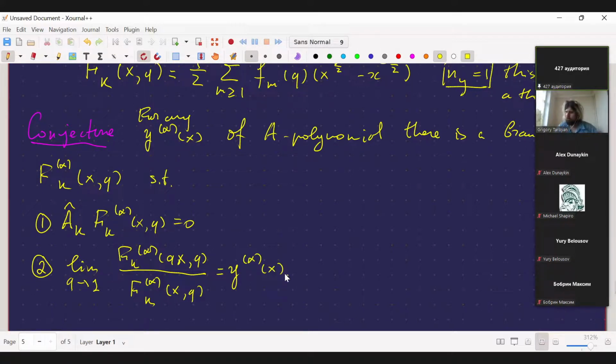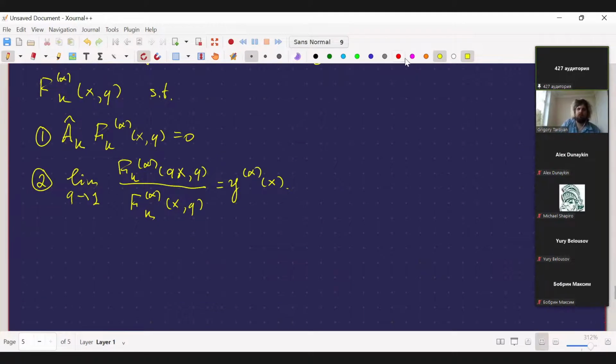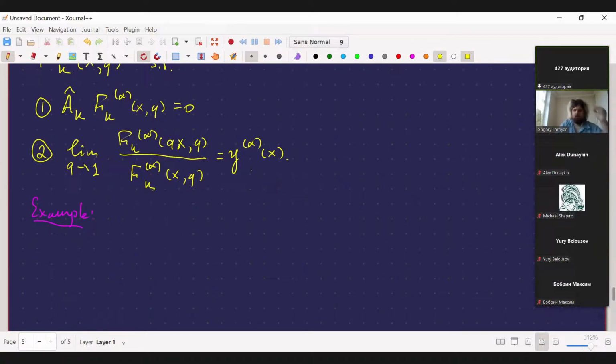Okay, so as promised, I will finish my talk with an example related to trefoil knot. So the quantum A polynomial of a trefoil knot can be described like this.